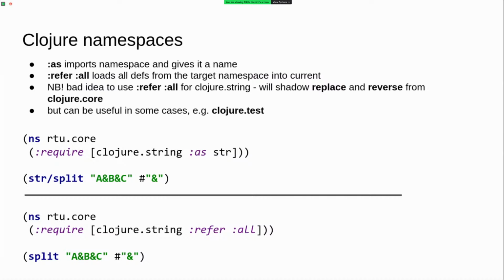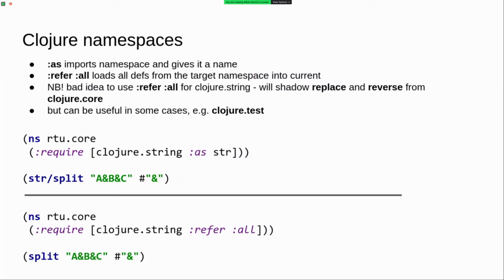Generally, this is a bad idea. Generally, we should give aliases to imported namespaces, because without it, we might run into the problem of shadowing things. For example, the default namespace that is always loaded is clojure.core, and it has functions replace and reverse that are supposed to work with any sequence, generic functions.